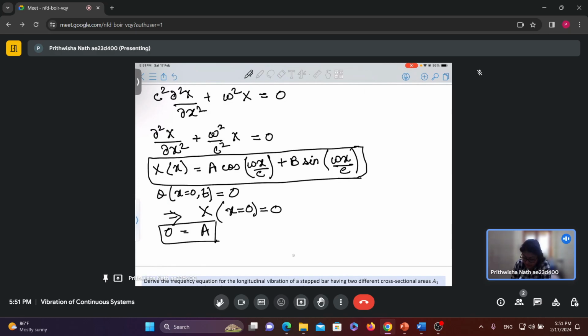Now what happens at the free end? At the free end, an external torque is applied.